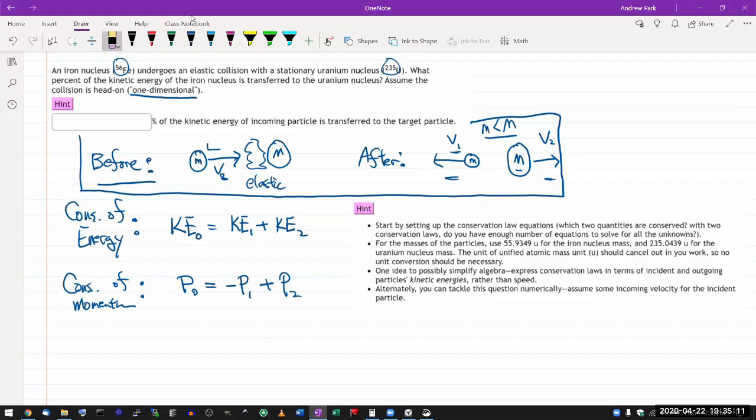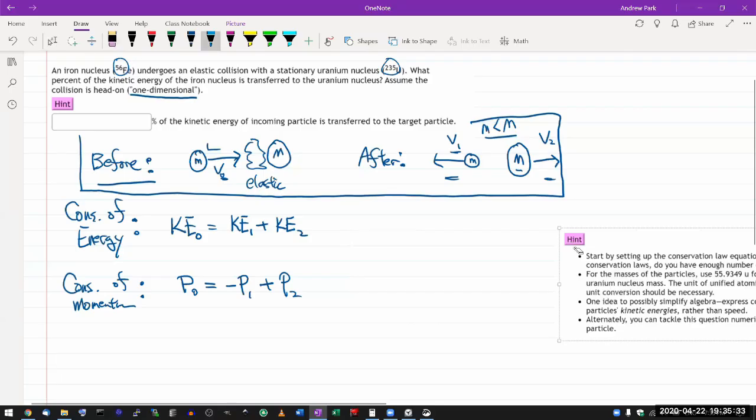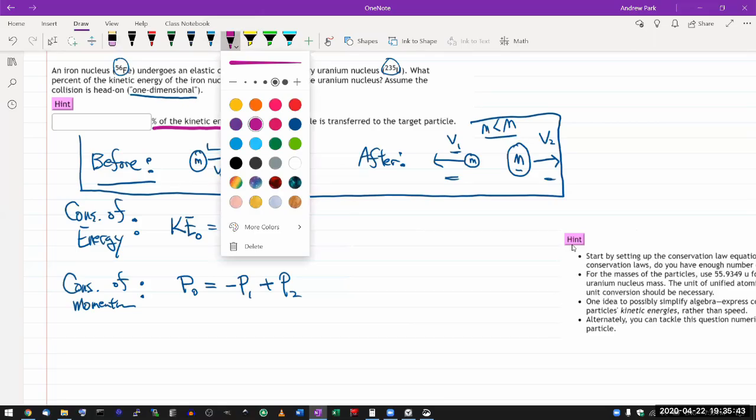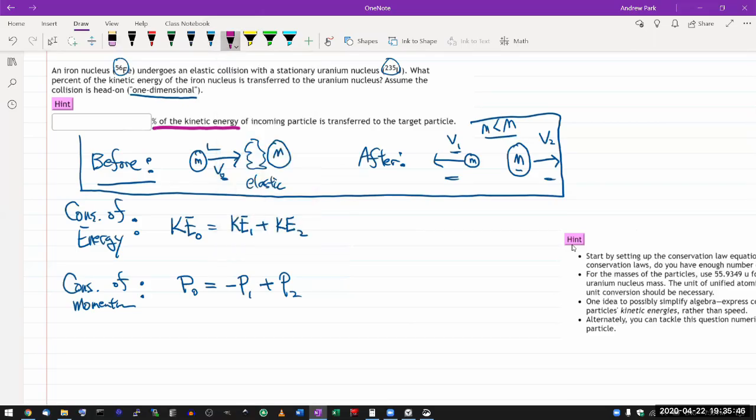So it says, one idea to possibly simplify algebra, express conservation laws in terms of incident and outgoing particles' kinetic energies rather than speed. And I think maybe some hint of that is here, in that the questions being asked are not in terms of velocities or speed, they're in terms of percent of kinetic energy. So if you have these quantities already expressed in terms of kinetic energy, it's probably going to be easier to work it out. And there are other reasons too, but with that as enough of a motivation, let me follow that advice here.